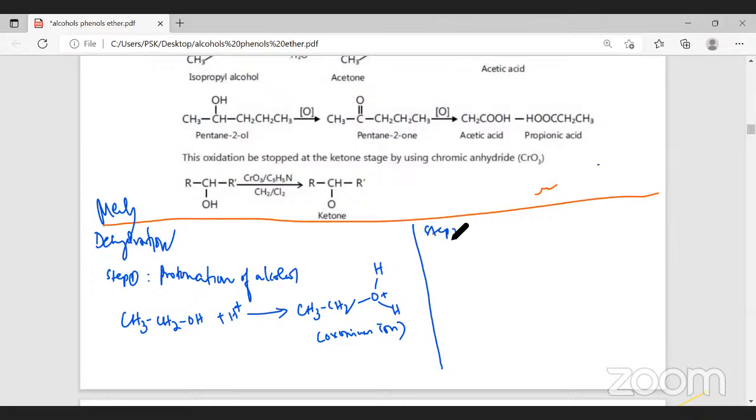Step two is cleavage of the carbon-oxygen bond, which yields carbocation. Cleavage means breakage. The breakage of the carbon-oxygen bond gives you carbocation.